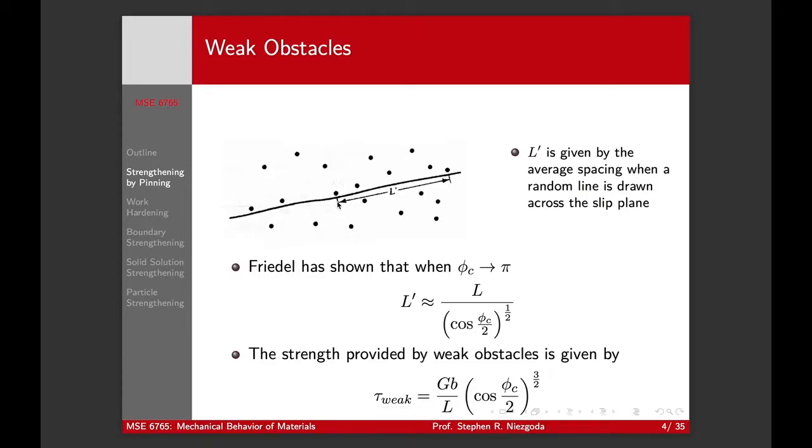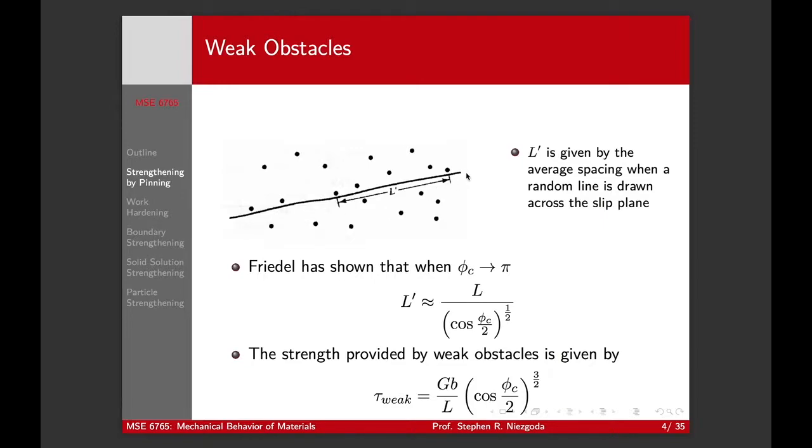Now imagine we have a weak obstacle, right? L here, in our previous expression, is this actual physical distance between obstacles, the nearest direction. This is L here. But we said we really need to consider L prime. What's the effective length?